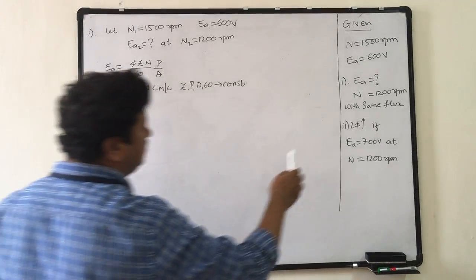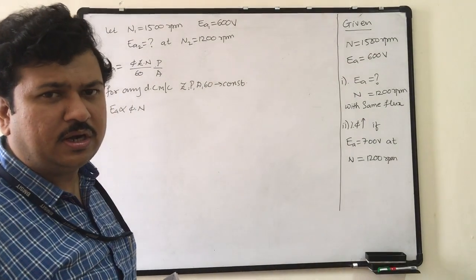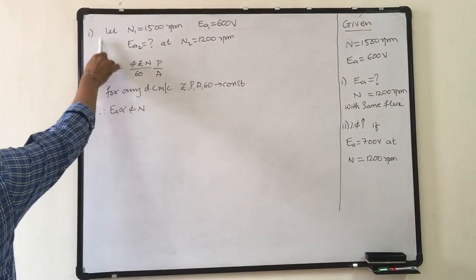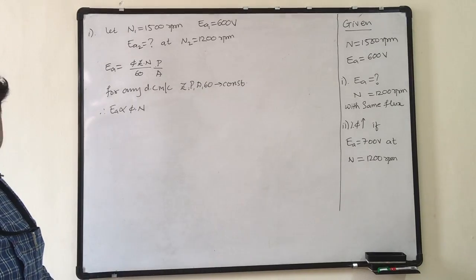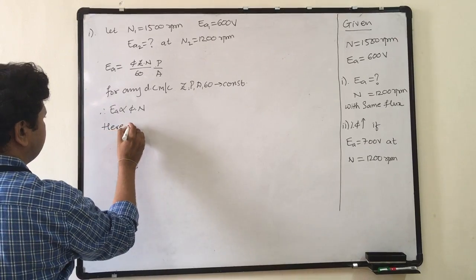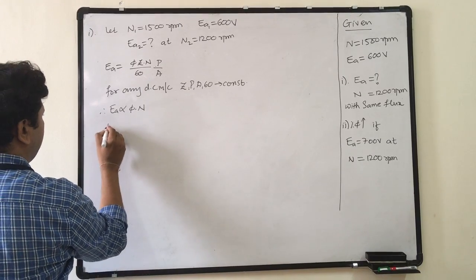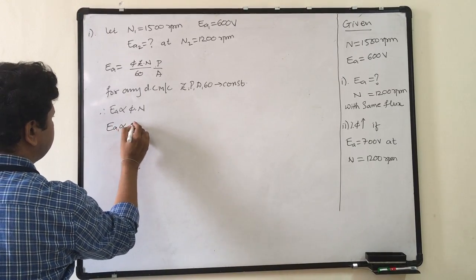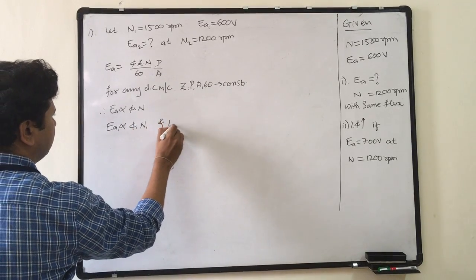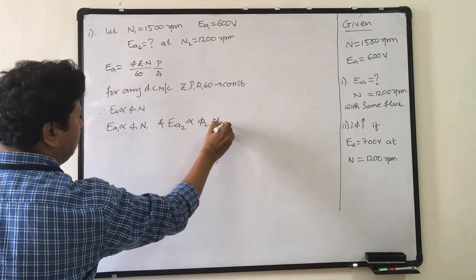But in the statement it is given that even when the speed has changed from 1500 rpm to 1200 rpm, the flux is remaining constant. I can write EA1 is proportional to phi 1 into N1 and EA2 is proportional to phi 2 into N2.